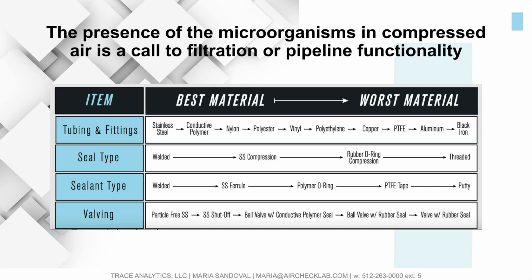And what that looks like is stainless steel or conductive polymers. When you do seals, you want to try to avoid any threaded or rubber O-ring compressions. You want to move towards stainless steel compressions. You want to move towards fully welded seals, and that's the same for sealant types as well. Welded is the best way to go, right?